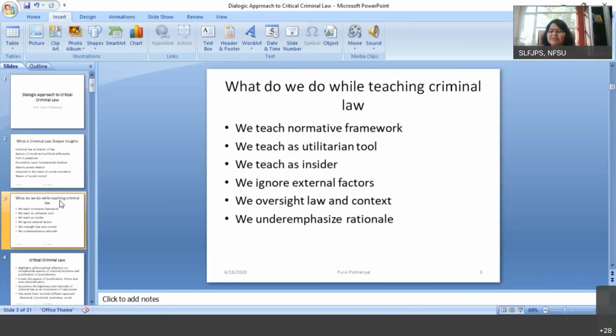These kinds of questions are very much there, but we sometimes oversight them, we do not give adequate emphasis to them, and we underemphasize the rationale of criminal law. Whenever we ponder upon these issues, probably we are getting into the criticality of criminal law.